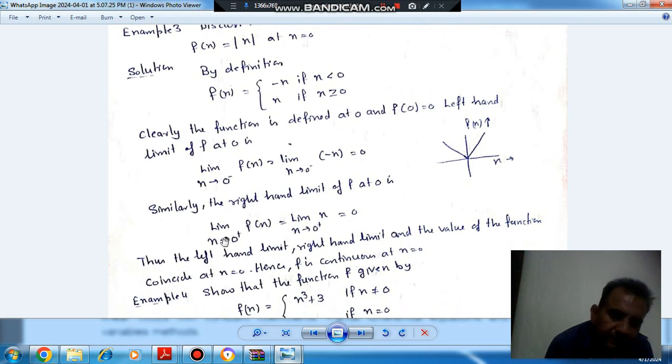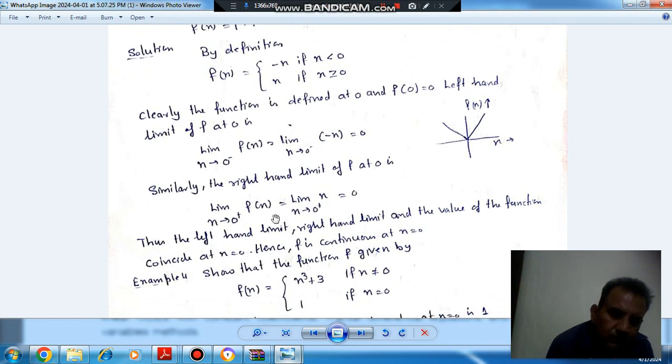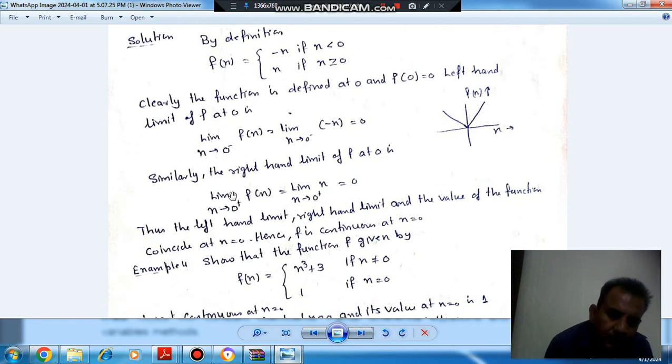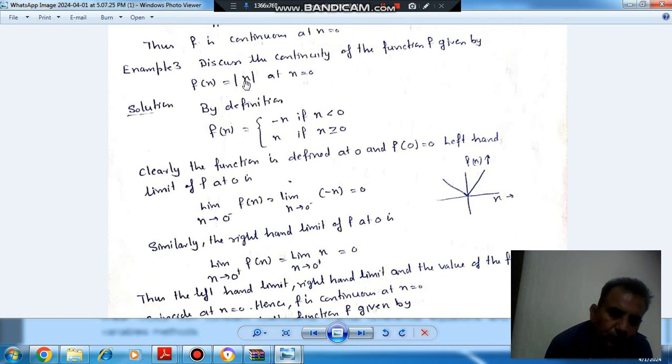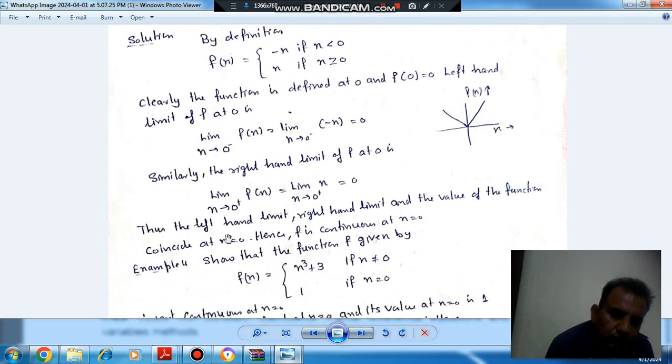And for the right hand side, the limit as x tends to 0 plus of f(x), the value of f(x) is x, and this is 0. So now the left hand limit and right hand limit are the same, and the value of the function at x = 0 is also 0. So the limits are the same, the right hand limit of the function is 0, the value of the function is 0, so it is continuous at x = 0.